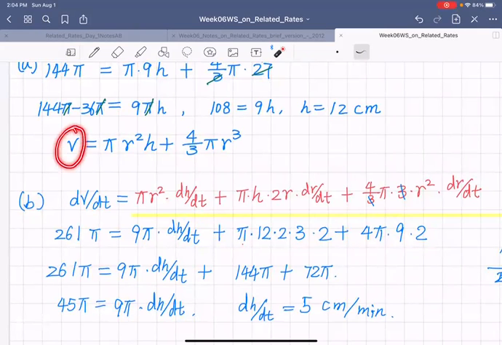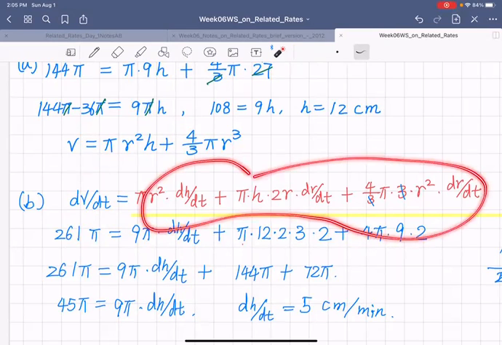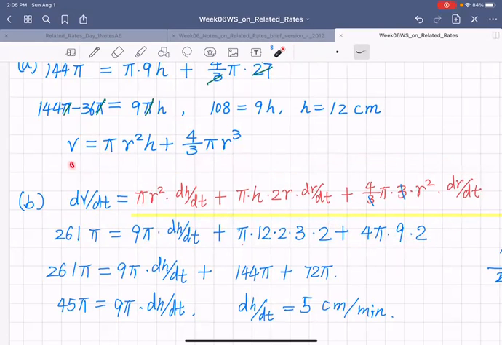You still do dV over dt. I don't know if any of you are going to learn multivariable calculus in high school. If you are going to learn multivariables, you have to know about this. dV over dt.